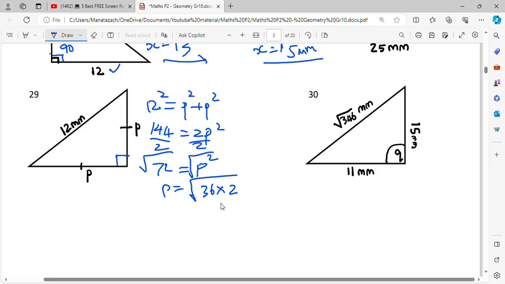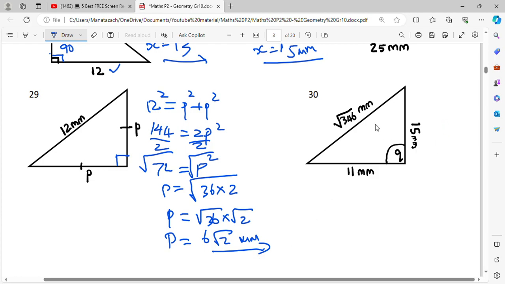Is that correct? Is it going to give me 72? Yes, that's correct. Therefore, p is, you can split square root of 36 and square root of 2. Therefore, p is the square root of 36, we know that is 6. You don't know the square root of 2, so you just maintain it. The unit is millimeters.